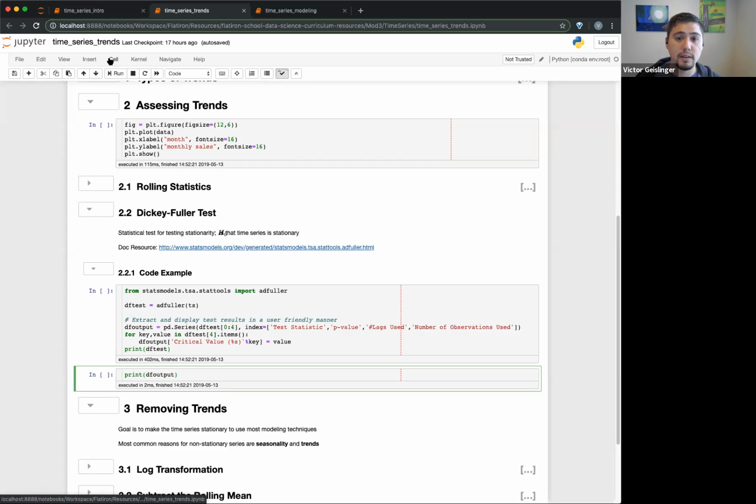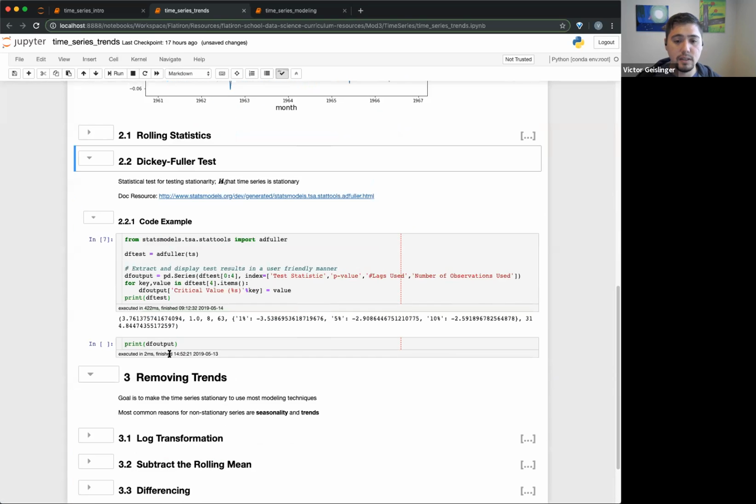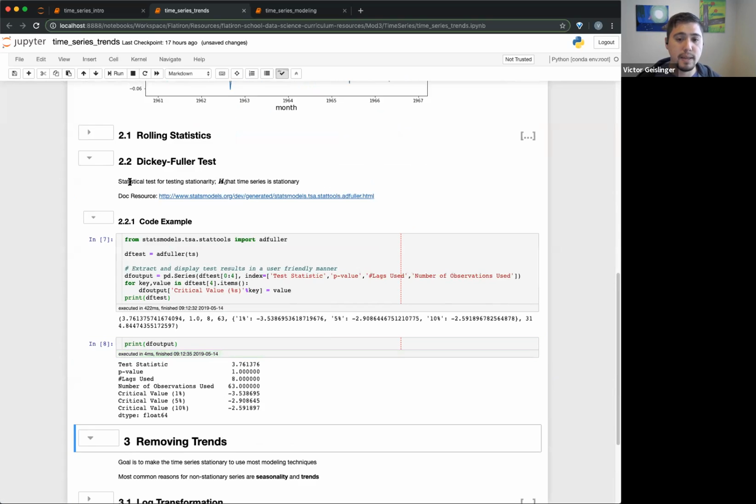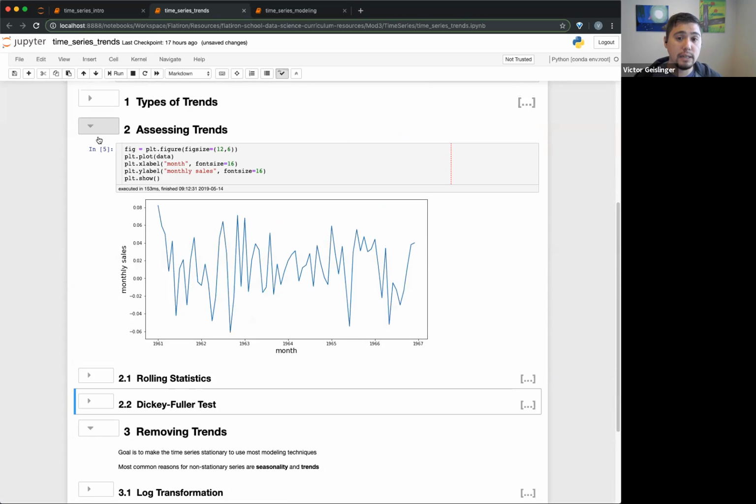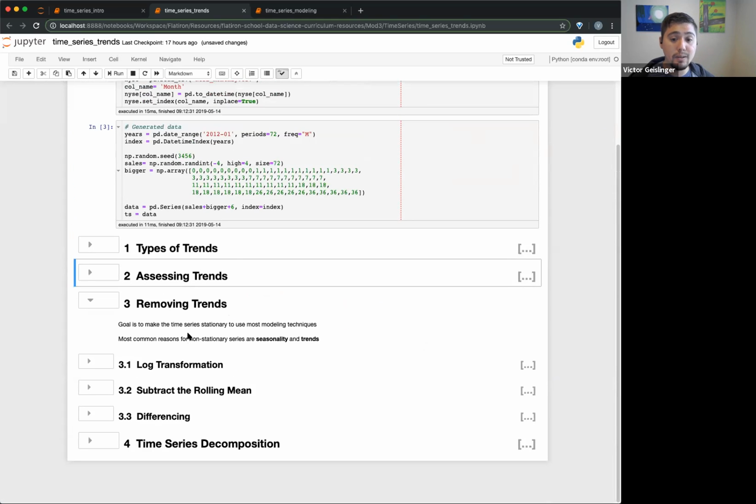So let me go ahead and run all this above to make sure we're all set, in case there were any dependencies that I needed. And we'll talk about removing trends. Once we find there's a trend, we usually want to get rid of it so it's easier for us to model, okay? What we're trying to do is get to the point where it's just noise.